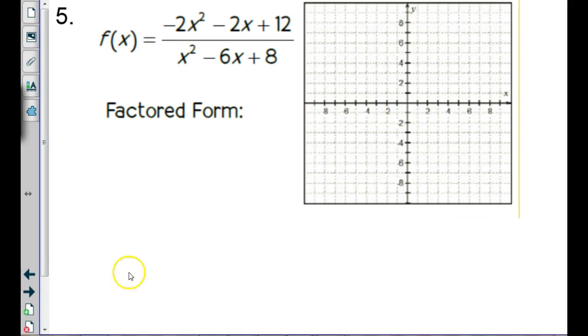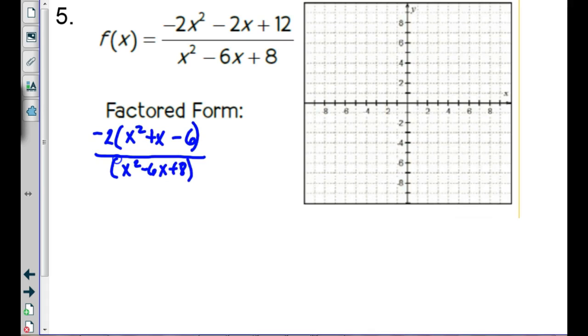5. Ooh, 5. What can we do to the top? Take out a -2. So then we'll have x squared plus x minus 6. Is that right if I took out a negative 2? Okay, now what? Yep. So what do we get now?